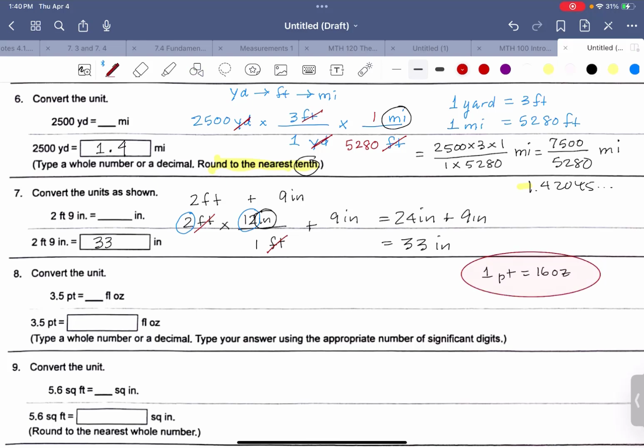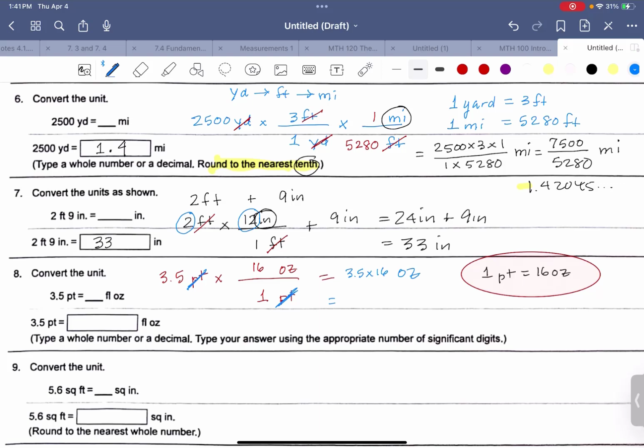So I'm going to start with my 3.5 pints. I want to multiply. I want to get rid of the pints and end up with ounces. So 1 pint is 16 ounces. My pint units are now gone because I've got pints on the bottom and pints on the top. So I've got to multiply 3.5 times 16, and my answer will be in ounces.